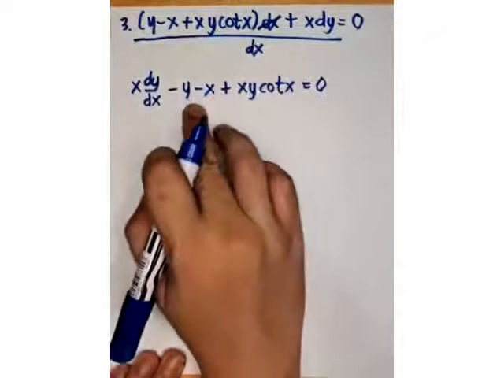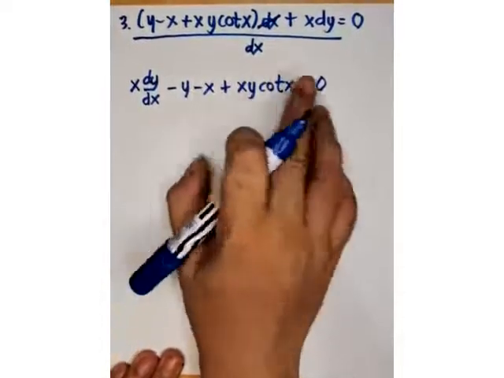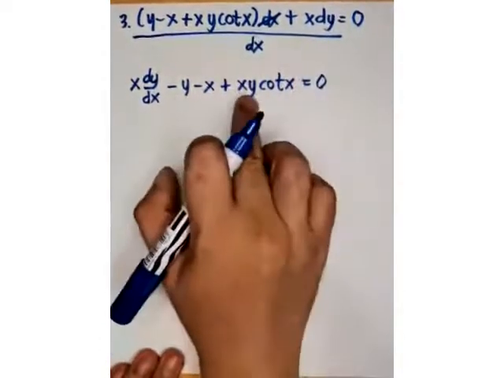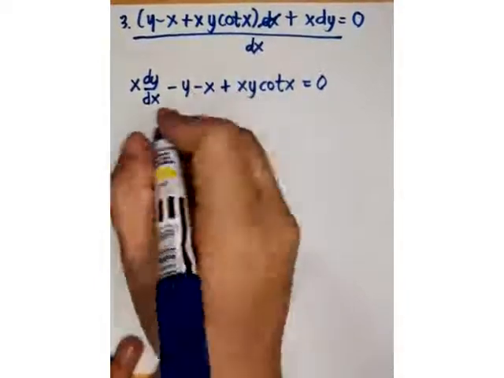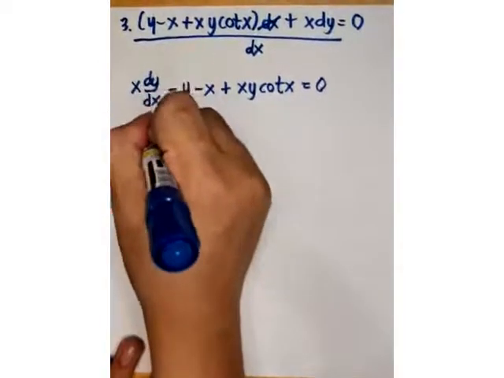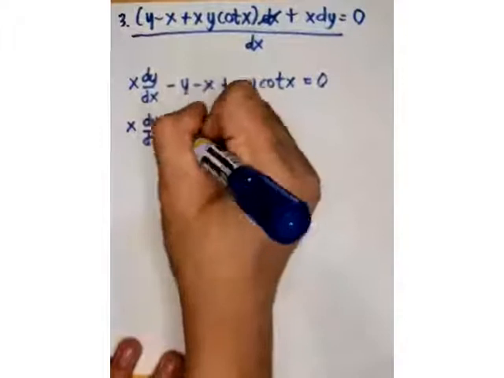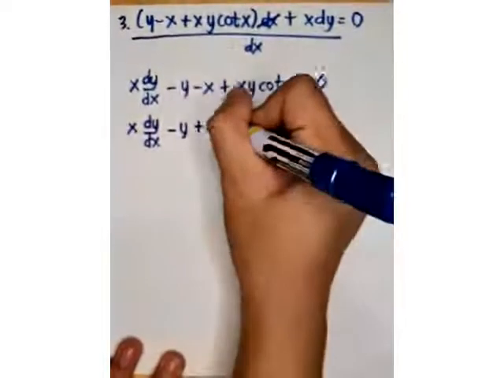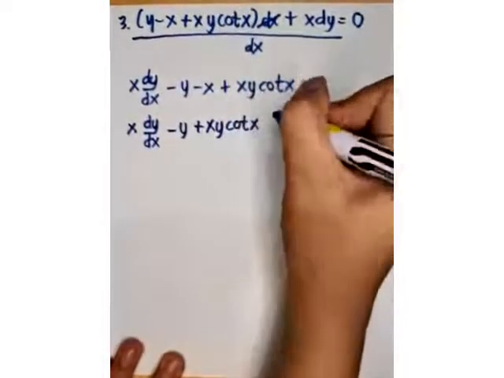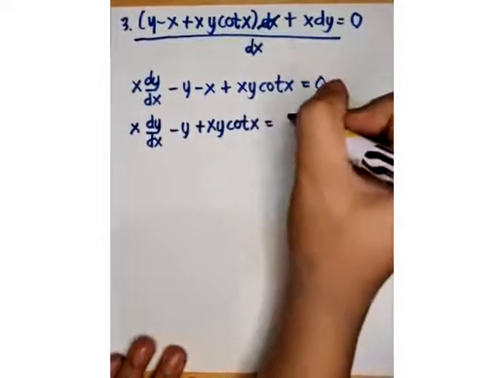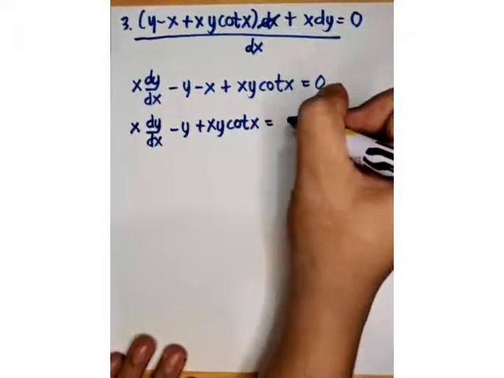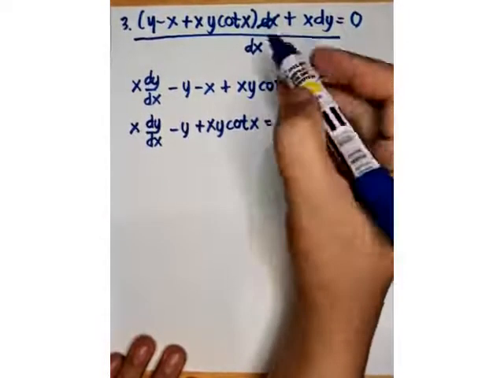So lahat ng walang y, lipat sa kabila. So halimbawa dito, ito tsaka to may y. So that will be x dy over dx minus y plus xy cotangent x is equal to x. Positive x. Tama ba?